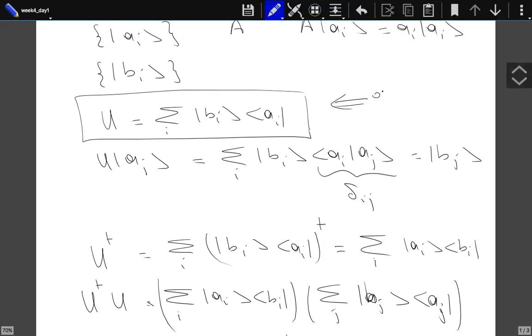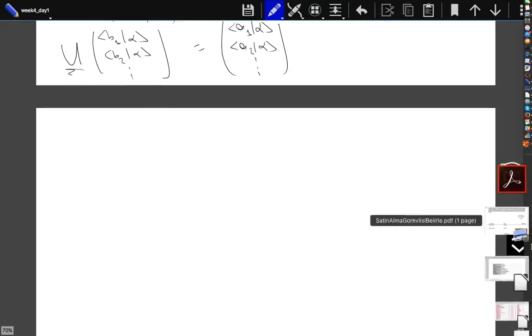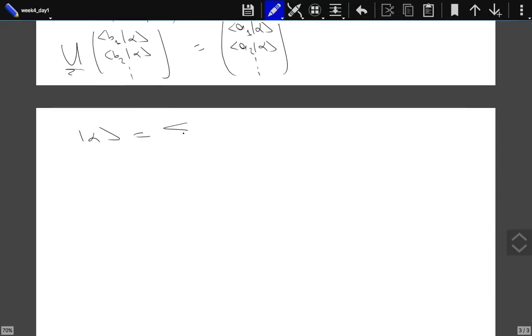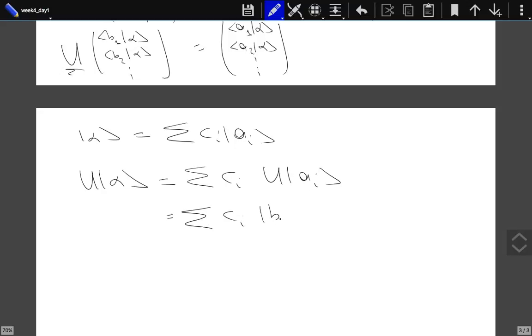So if you start with any ket, you see this alpha, let's say it has such an expansion, sum of C_i A_i. U acting on alpha will be sum of C_i U acting on A_i. This is sum of C_i B_i, which is definitely not alpha. This is another use of U.